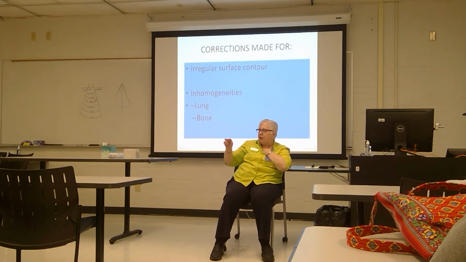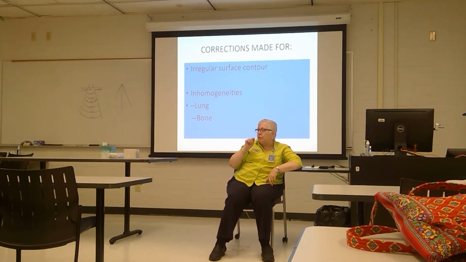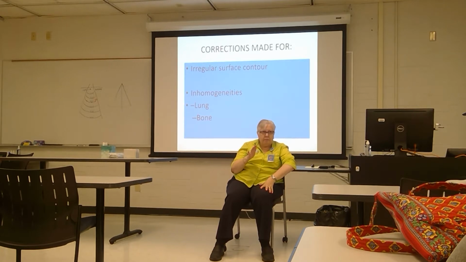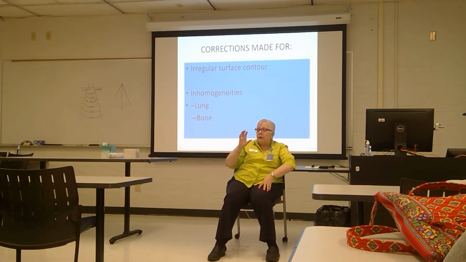The Elekta machine has a different type. They don't have actual dynamic wedges. They have a universal wedge. Has anybody ever heard of that? Universal wedge for an Elekta, that can actually make a different wedge as it goes along.